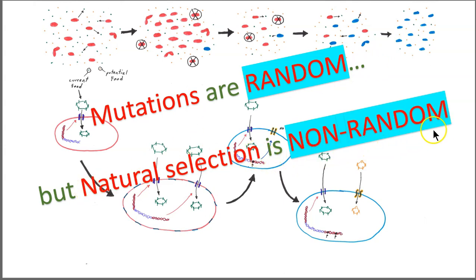And by non-random, we mean that individuals do not have equal chances of survival. Because there are differences that make a difference to survival, individuals have unequal chances of survival. So it's not random who gets to survive. It's not random at all. It's the individuals with the best fit traits that get to survive and pass on those traits.